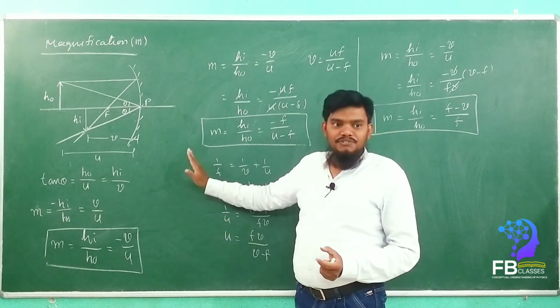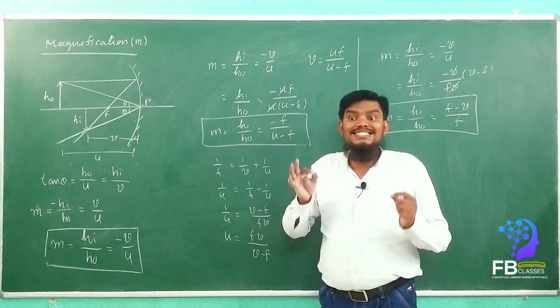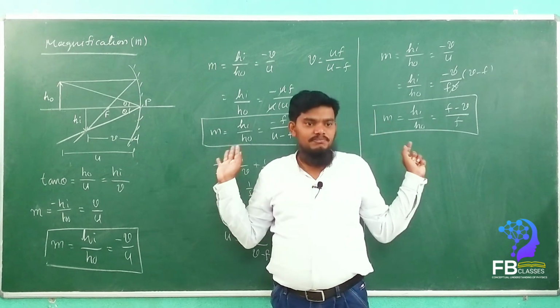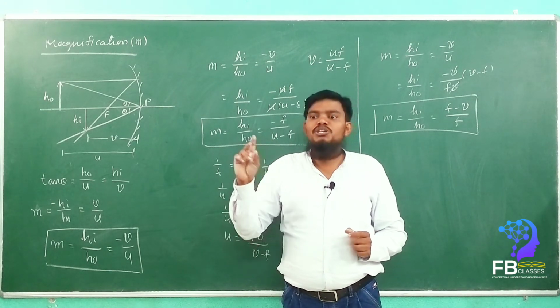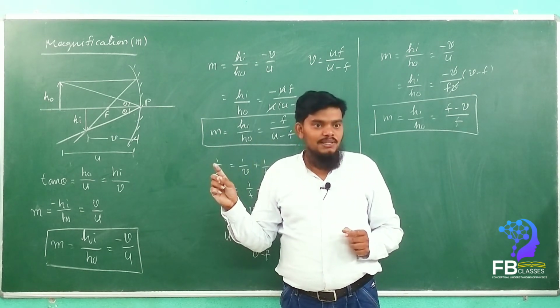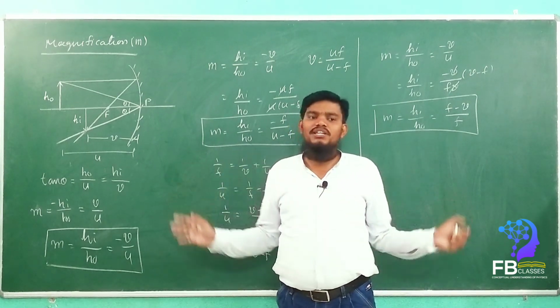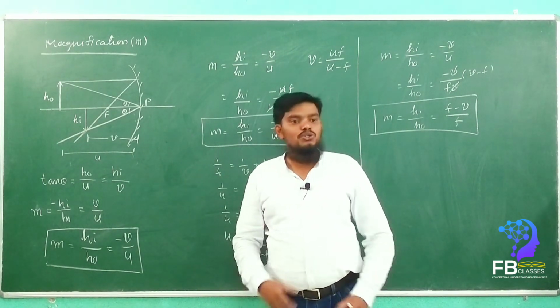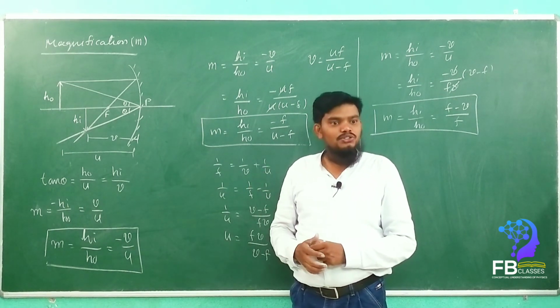With the magnification value, we can say everything: which mirror is used, where the object is placed, which image is formed, what the size of the image is, and what the size of the object is. How we can say these answers, we will see in tomorrow's class.